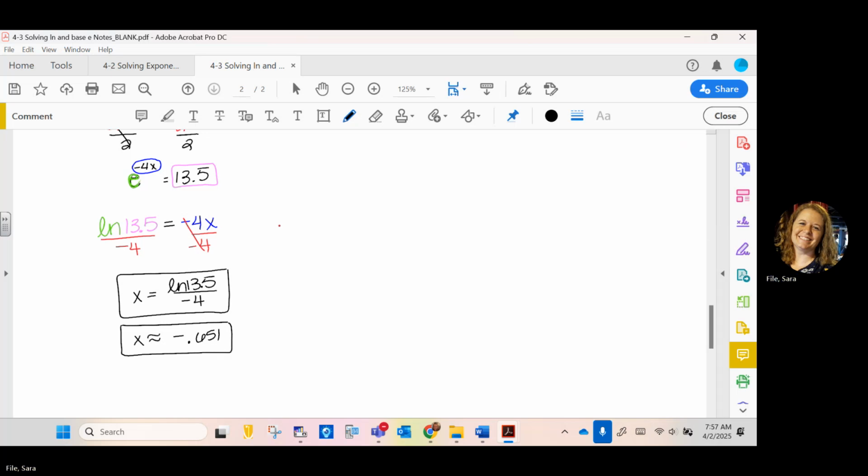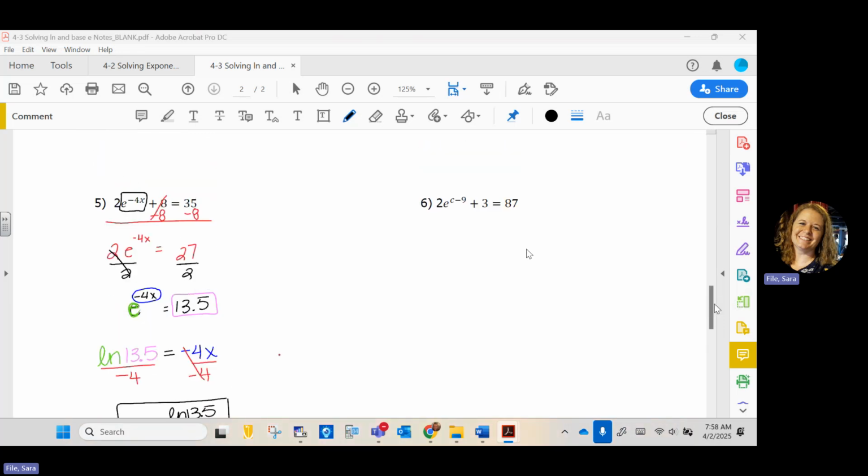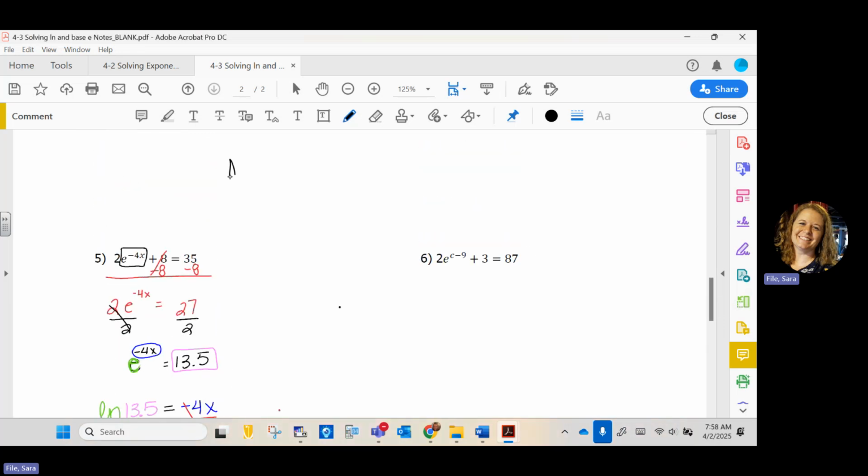Okay. So then let's take a look at this last one. We've got to isolate first. So we are isolating the exponential term first. In this one, that's e to the c minus 9.